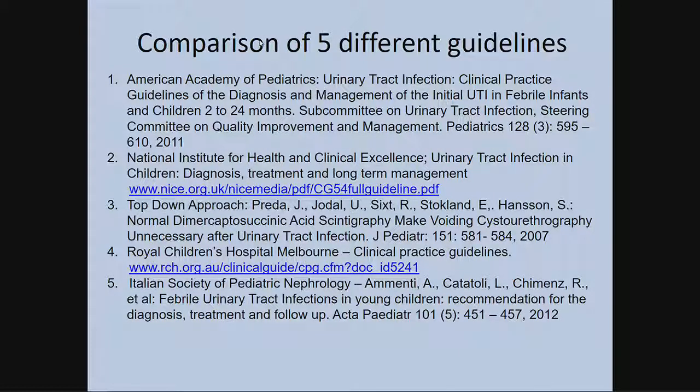So they compared 5 different guidelines: American Academy of Pediatrics, the NICE guidelines from England, the top-down approach from Scandinavia, the Royal Children's Hospital Melbourne guidelines, and the Italian Society of Paediatric Nephrology guidelines.